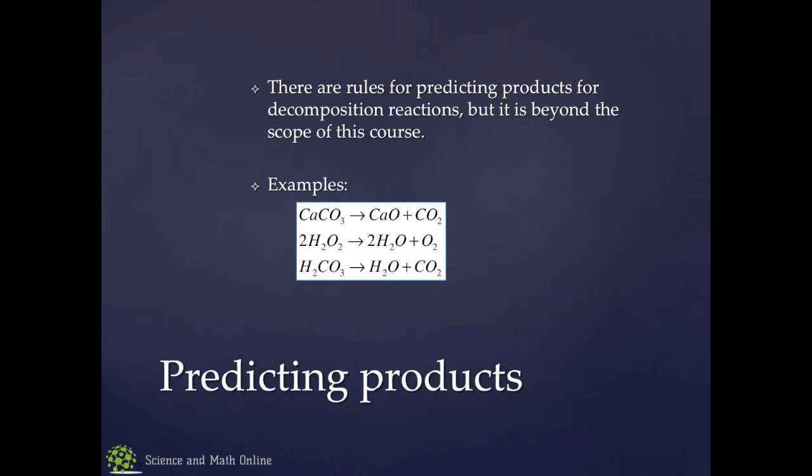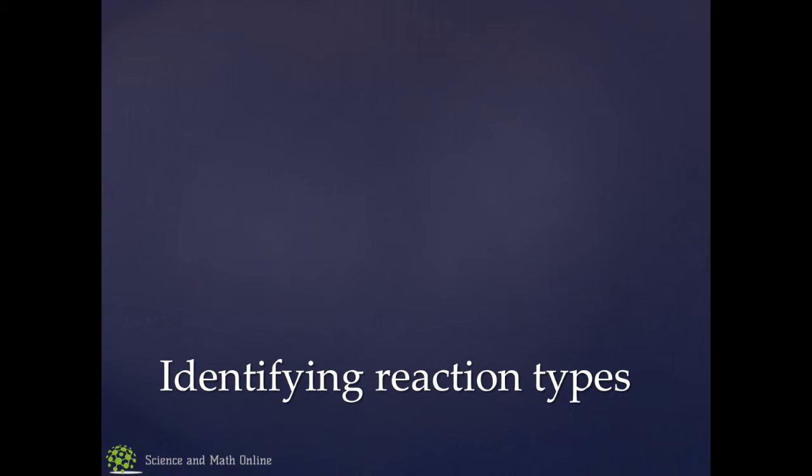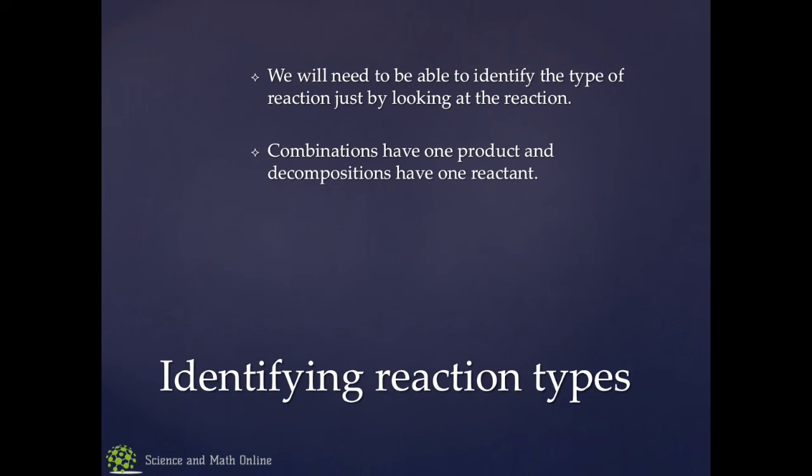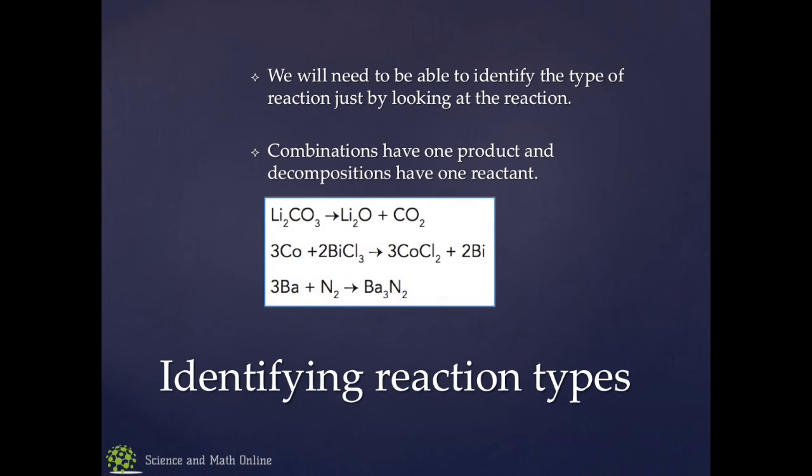So predicting products is one of the things I'm asking you to do. I am also asking you to identify reaction types. So I'm going to give you reactions, and you're just going to have to look at them and tell me what type they are just by looking at them. Once again, I just think this is a good skill to have, and it helps you understand what's going on chemically. So combinations have one product, decompositions have one reactant.